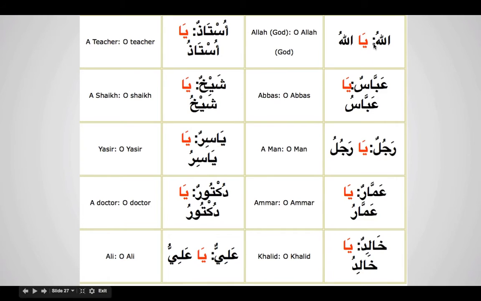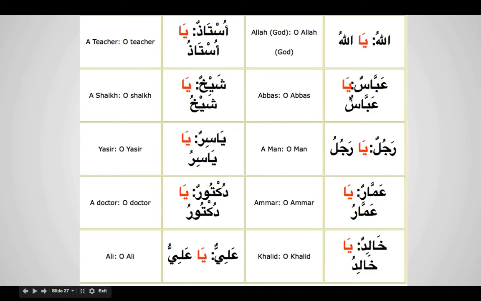Allahu is a definite word, so we say ya Allahu. Ustazun is an indefinite word with double dhamma, but when you're calling somebody, you say ya ustazu. Abbasun has double dhamma, but we say ya Abbasu.